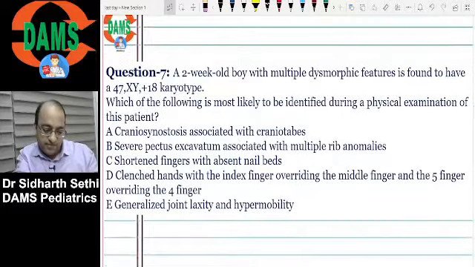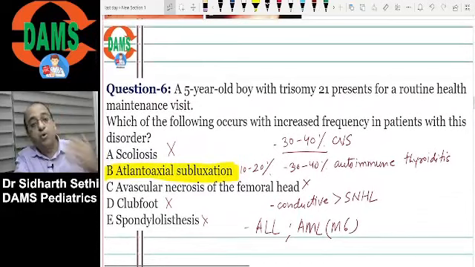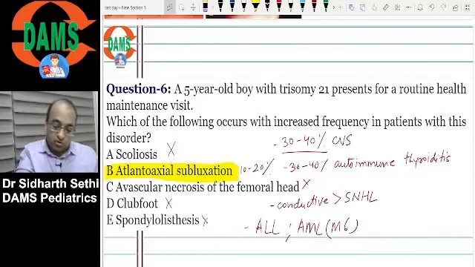So we talked about Down syndrome, the most common genetic mental retardation, related with increased maternal age. So M6 or M7.